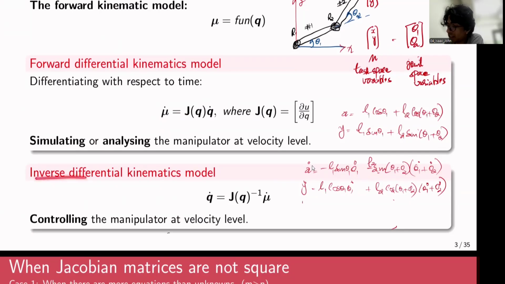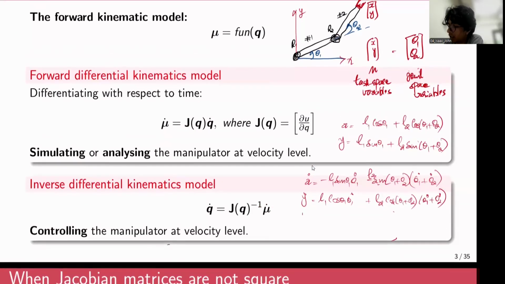In the inverse differential kinematics model, you are given a desired velocity of the end effector in task space coordinates. For example, at any instance you want your robotic arm to move with a specific velocity along the x and y directions. Then what should be the velocities of the individual joints? That problem is what inverse differential kinematics tries to solve.